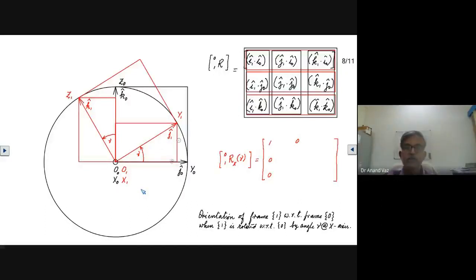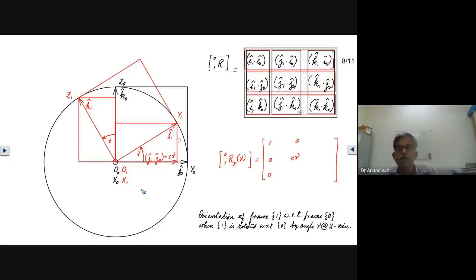So this component here is J1 dot J naught. That is equal to cos of gamma. So we can write this as cos of gamma.